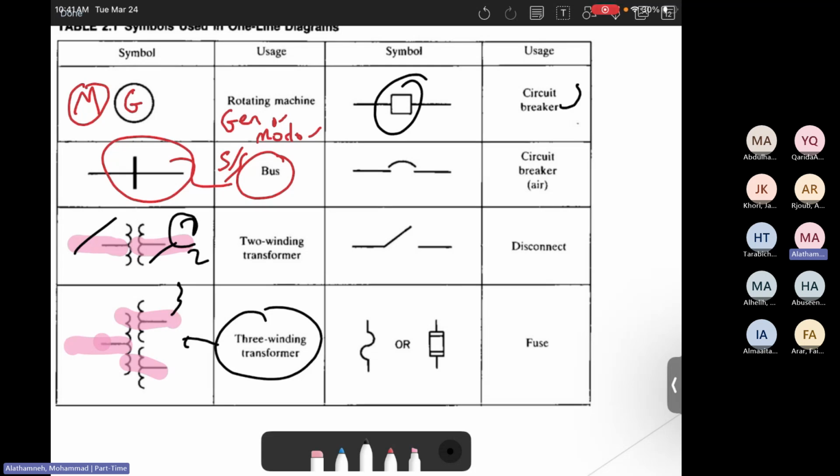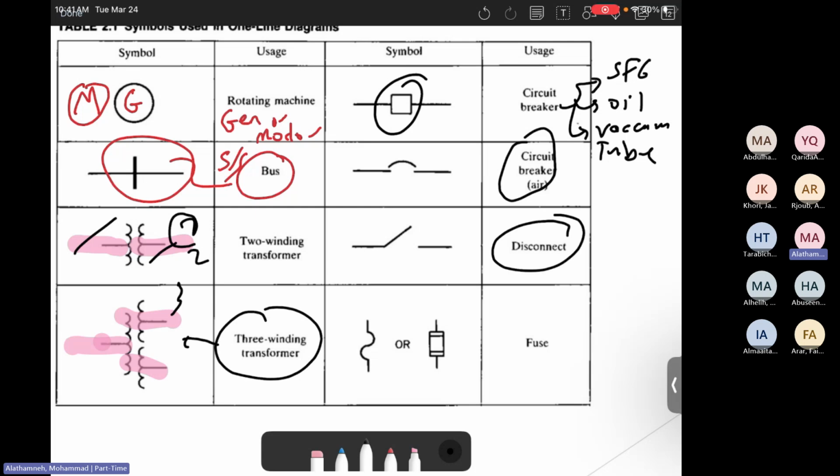And the circuit breaker can be either the SF6 circuit breaker, or the oil circuit breaker, or the vacuum tube circuit breaker. We will talk about them later. But that's what we have in here. Then the other thing, air circuit breaker, the circuit breaker that has no insulation material around it, so it is basically in the fresh air. The other one, disconnectors, or we used to call them isolators, and we already discussed this before.